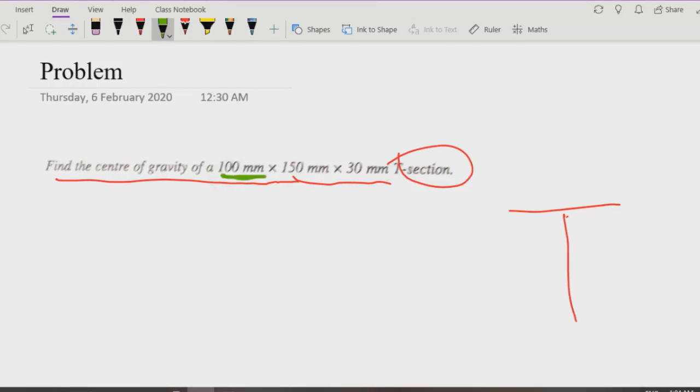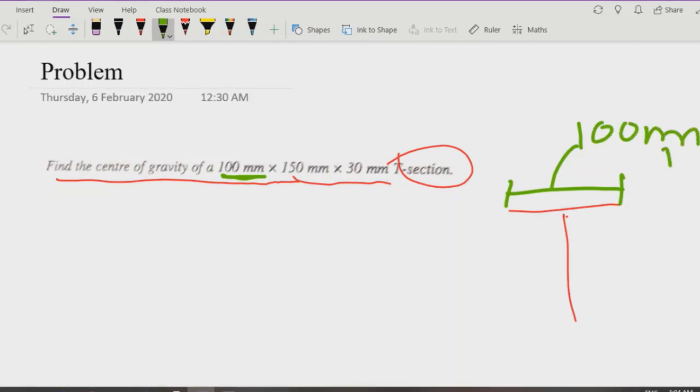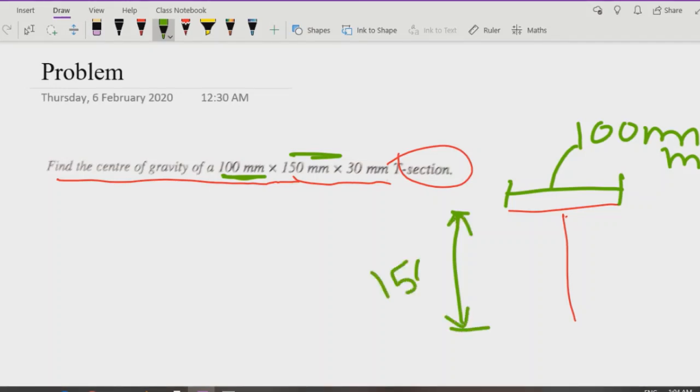So in this T section, the horizontal part is this, 100 mm. The second dimension is always the vertical one, so my vertical one will be 150 mm. So my total height will be 150 mm.